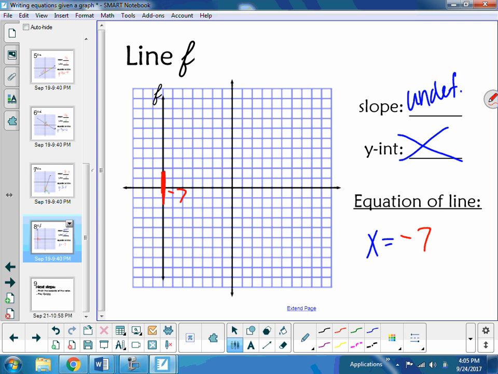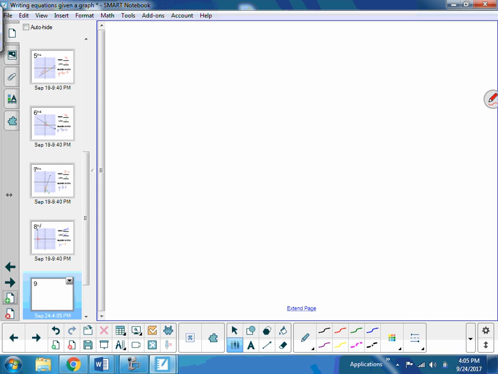Okay, now, on the back of the notes, if you flip those over, there are some problems there. For each of those, in that table, you're going to be working forward and backwards. So for the first one, I give you -2 as the slope. I give you the y-intercept at (0, 3), so that's the coordinate.